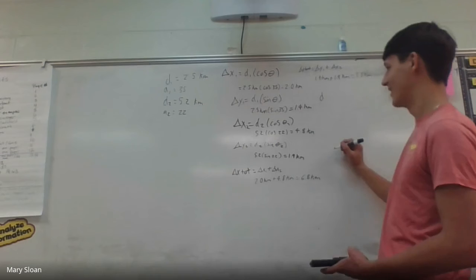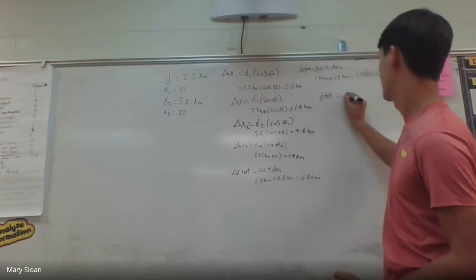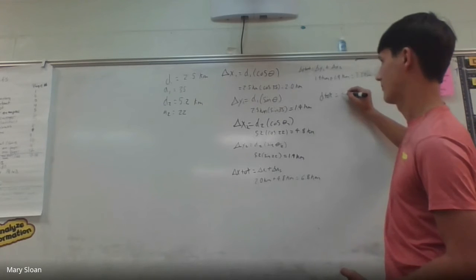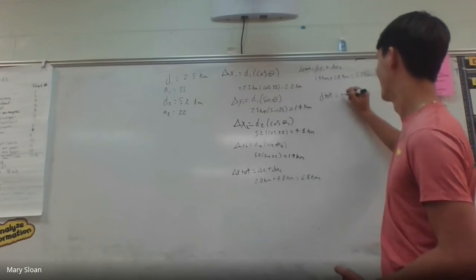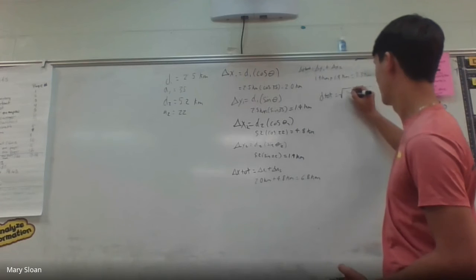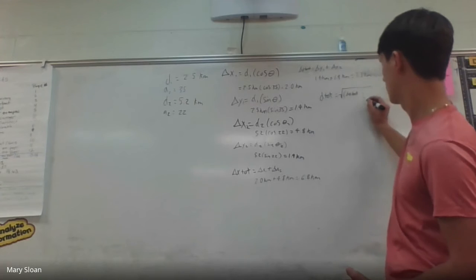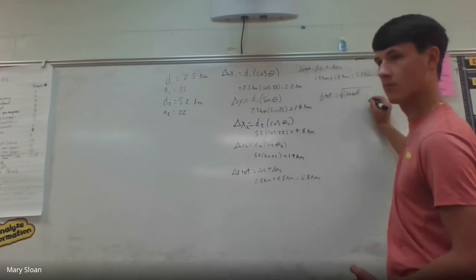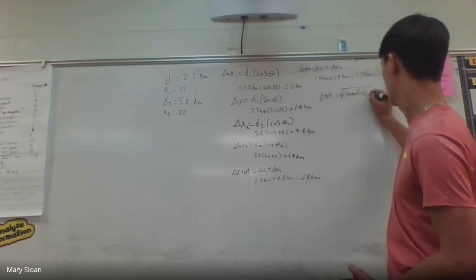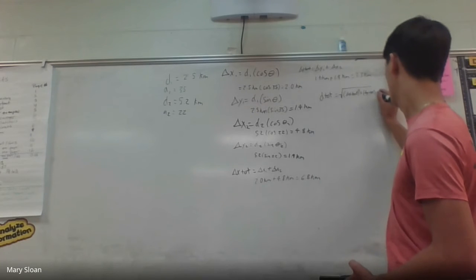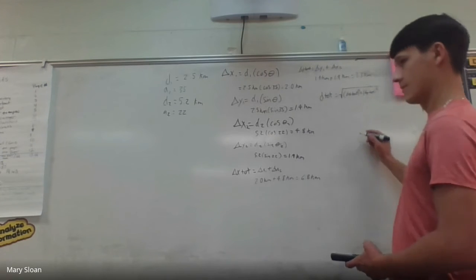D total, D-T-O-T, equals the square root, open bracket, change in X total, squared, plus the change in Y total squared.